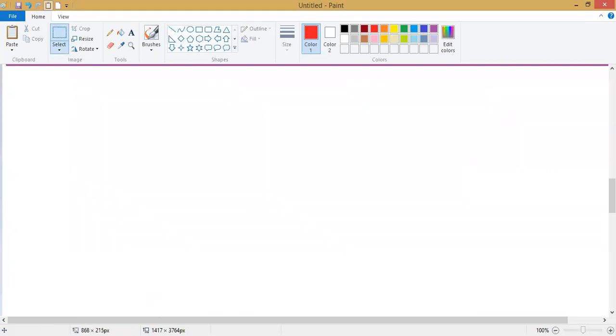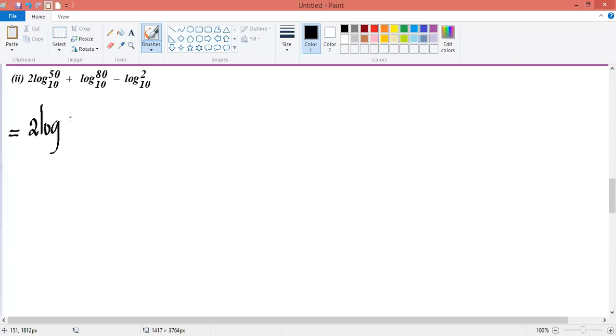All right, next question. In line with evaluation, I want people to show that this is true: log of 50 base 10 plus log 80 base 10 minus 2 log 2 base 10.